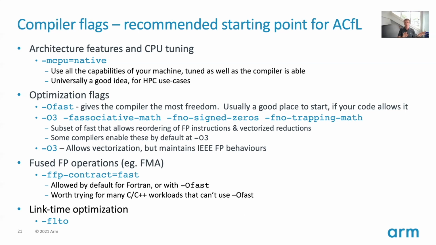So it can't make any assumptions about it. It can't do any optimization based on what's happening inside of that function. What link time optimization allows you to do is it allows the compiler to see between the separate compiled objects at link time and do optimizations across them. And that can have a really big effect on the performance of some workloads.